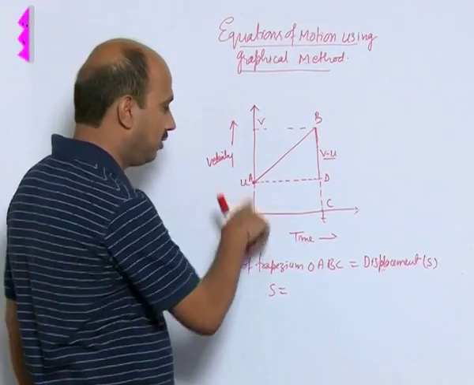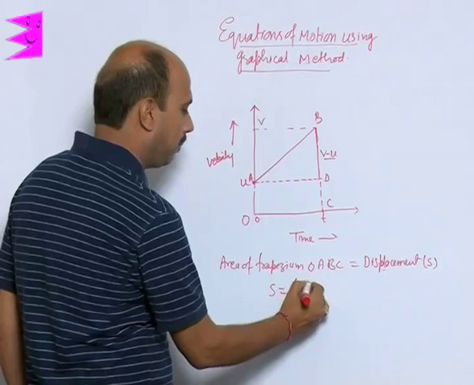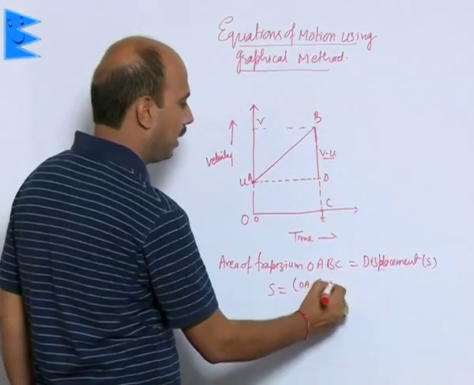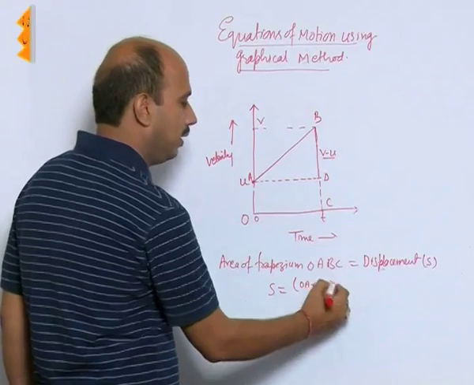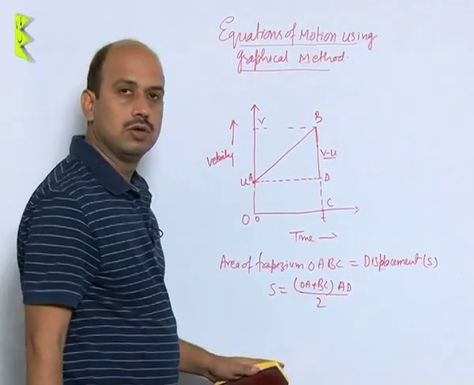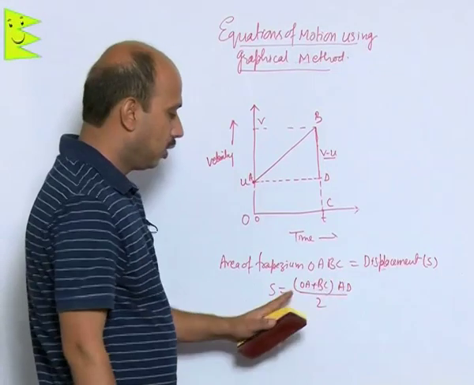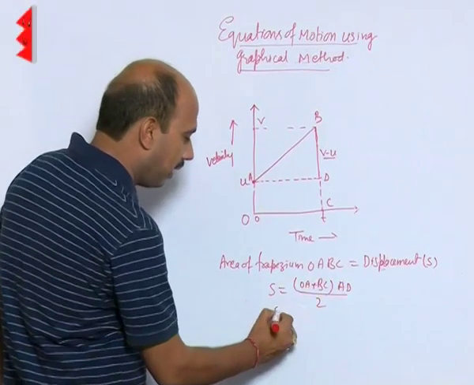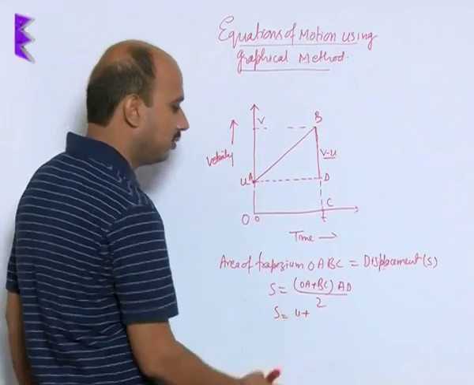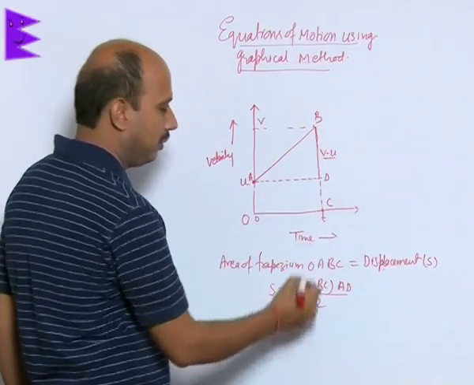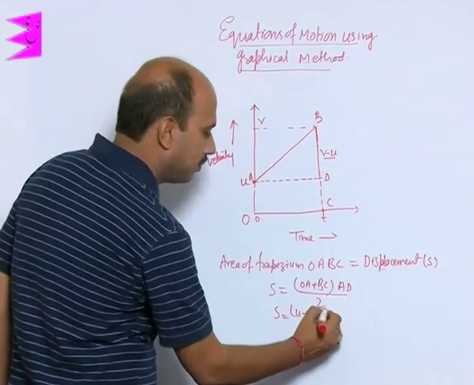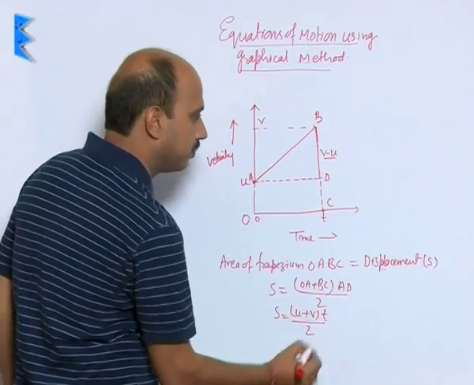Sum of the two parallel sides, it means OA plus BC, these are the two parallel sides, into height, which is AD, divided by 2. This is the area of trapezium. Now, put the value of all these. S is equal to OA, we can write U, plus BC, from here to here we can write V, AD is time, divided by 2.